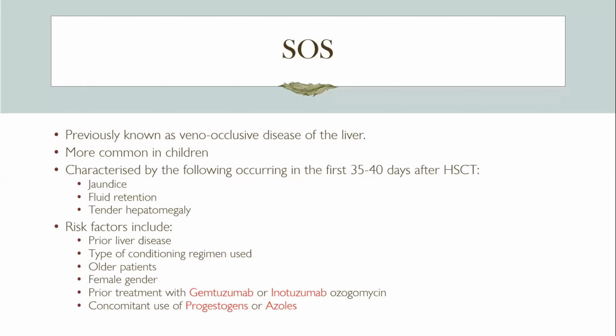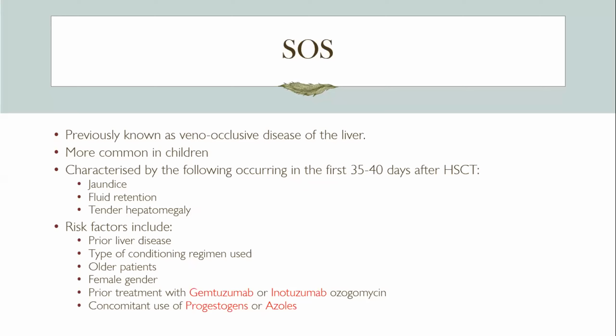This was previously known as veno-occlusive disease of the liver. It's seen in children quite often, and it's characterized by jaundice, fluid retention, and a tender hepatomegaly occurring between 35 to 40 days after hematopoietic stem cell transplant. There are a number of risk factors, but notable ones are the presence of previous liver disease and the type of conditioning regimen, with myeloablative conditioning regimens giving you a higher risk.